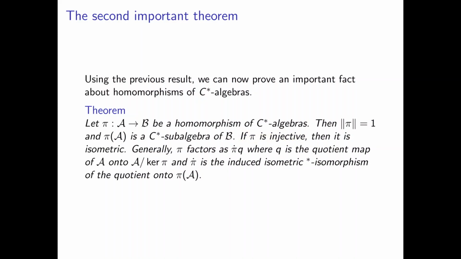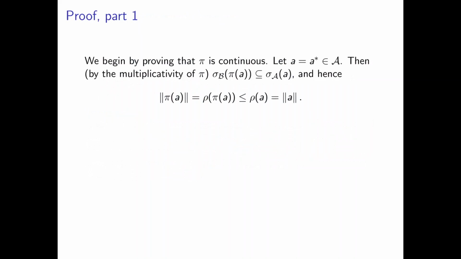And more generally, we can say that pi here factors as pi dot times q, where q is the quotient map of A onto the quotient A modulo the kernel of pi, and pi dot is the induced isometric star isomorphism of the quotient onto pi of A. And this is quite a big deal. So let's prove this result in two parts.